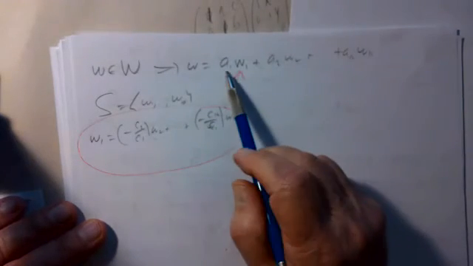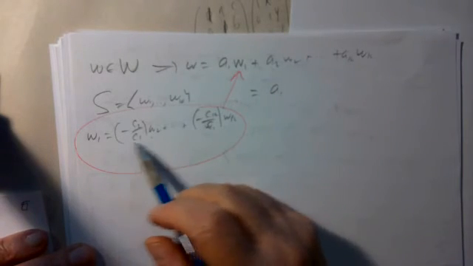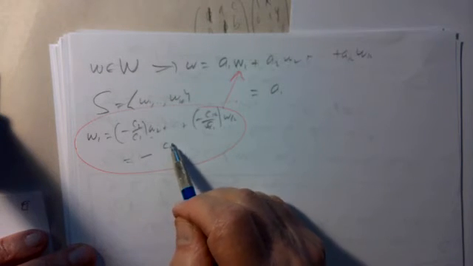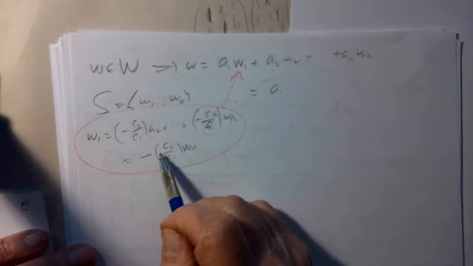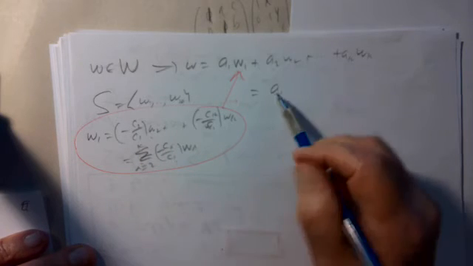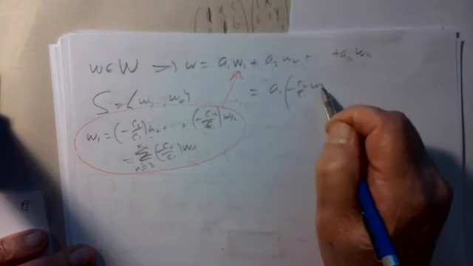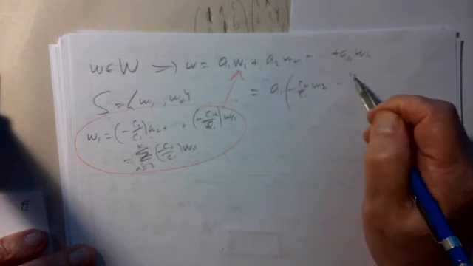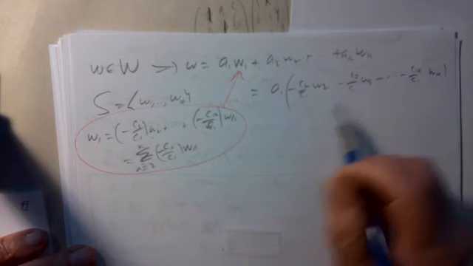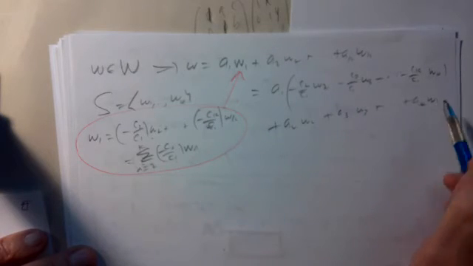So W, which is a linear combination of W1 up to WK, can be written as A1 times, let me write this in sigma notation so it's easier, the summation from i equals 2 up to K of minus CI over C1 times WI, plus A2W2 plus A3W3 up to AKWK.